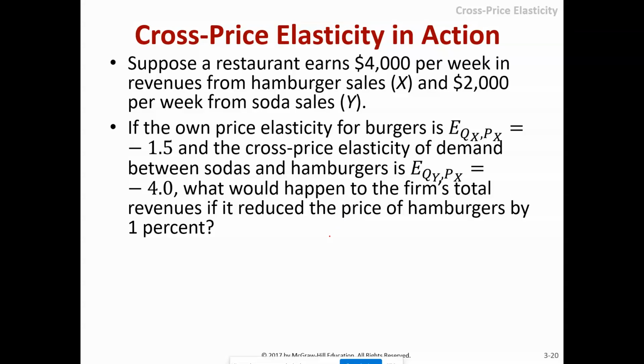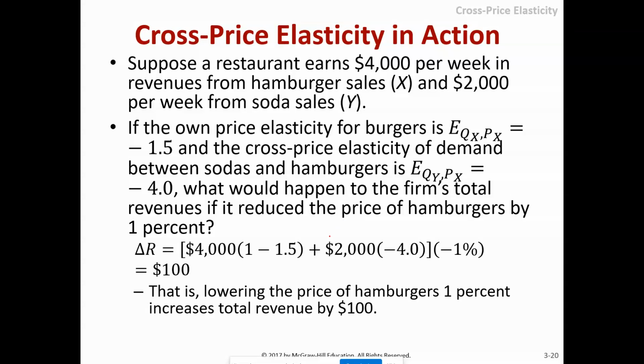Reduce means decrease, so negative 1% price change on hamburger. Okay. So according to our formula, we check on the hamburger revenue, 4,000, multiplied by 1 plus own price elasticity, 1 minus 1.5, plus revenue of soda 2,000 multiplied by cross-price elasticity negative 4.